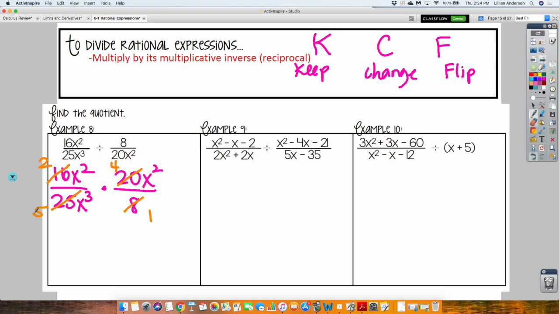So here we go. If I take out an x squared here, I have to take out an x squared down here. Now, when I take out an x squared, that's going to turn into an x. But I still have an x squared at the top and an x on the bottom. I can still take out an x. So this turns into 1, but this turns into x.